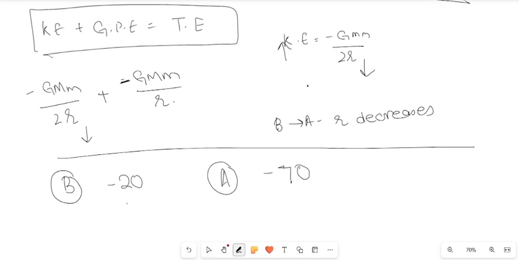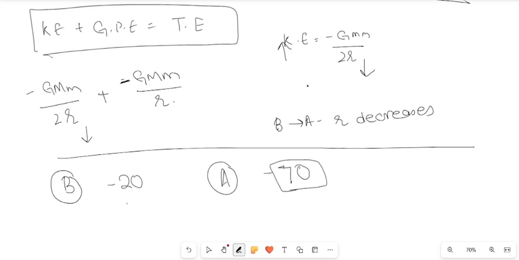Now, minus 70 is less than minus 20. It's decreasing. Kinetic energy is decreasing. However, the magnitude is increasing. That is why we form that relationship. I hope this is making sense because it's extremely important.